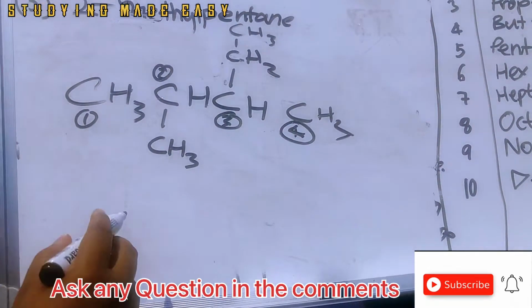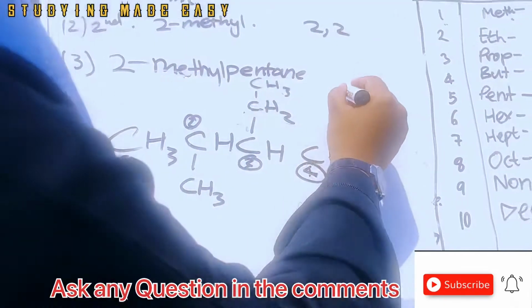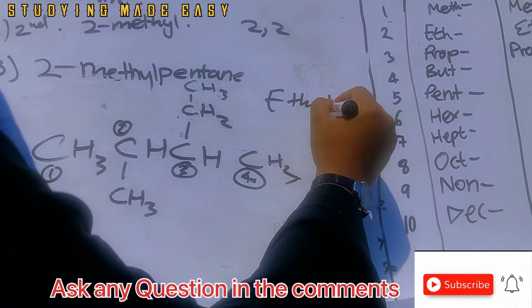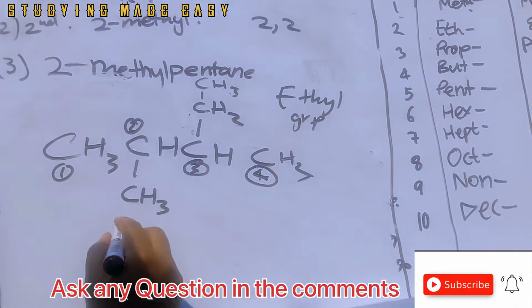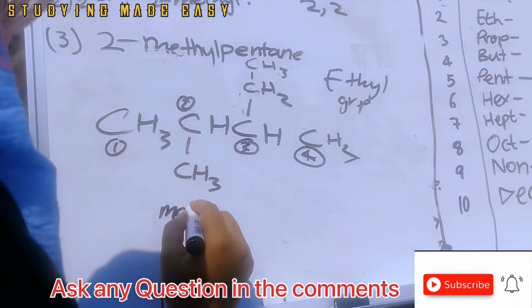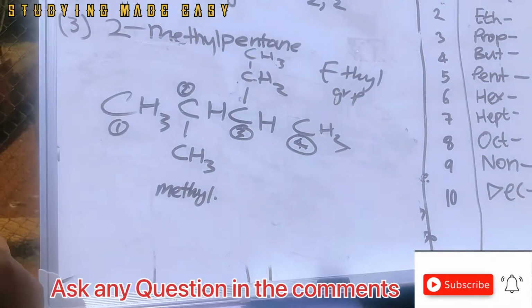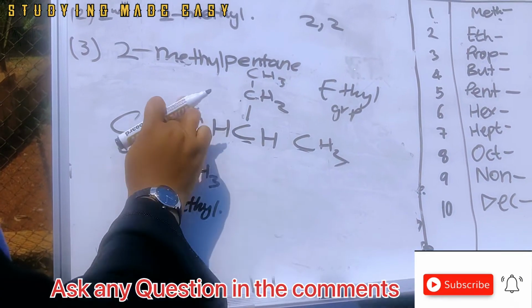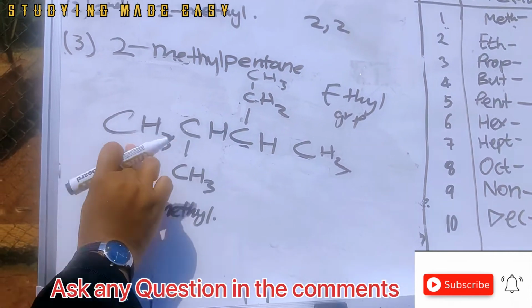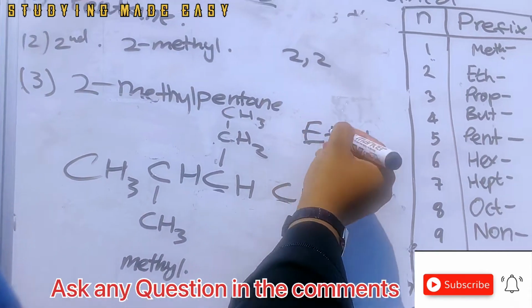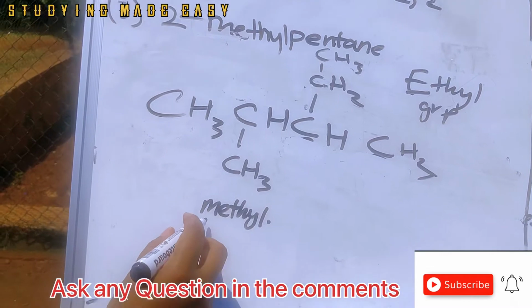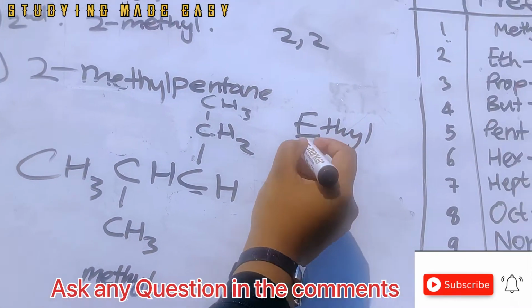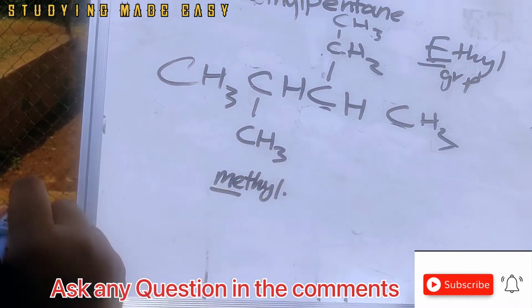Okay, so this one is an ethyl group, and this one is a methyl. So when we're numbering the parent chain, we give priority alphabetically. If you look, this is an E and this is an M. So E comes before M according to the alphabet.